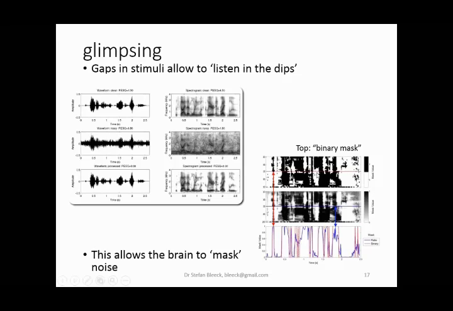Everything in here that is white, for example, would be an area where we have more speech, and everything that is black would be an area where we have more noise. Looking through a mask means we only look at the bits that are white. If we apply this mask to our spectrogram, we can recreate the speech without much noise.